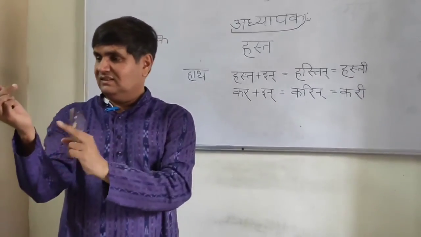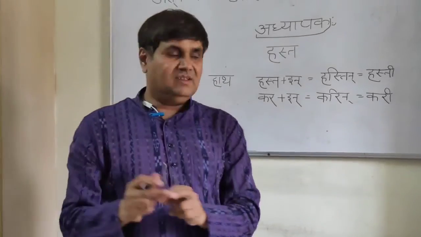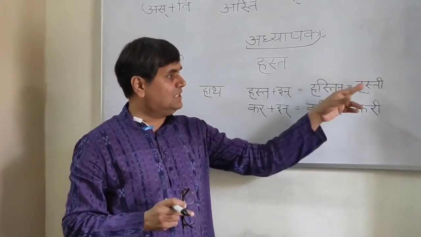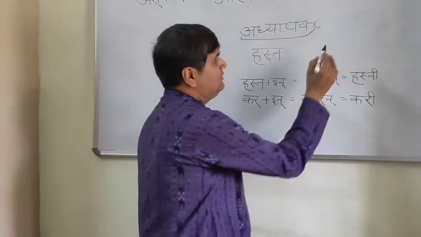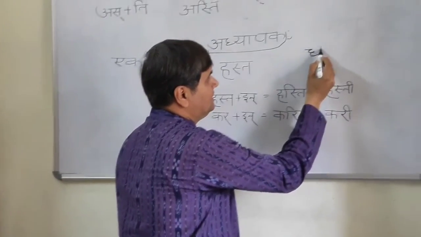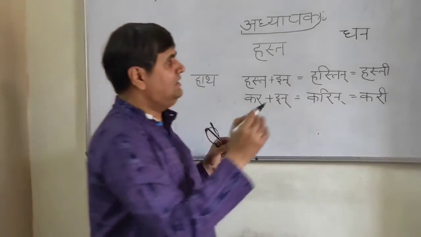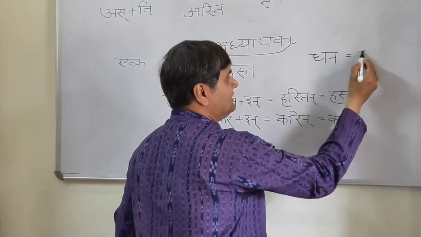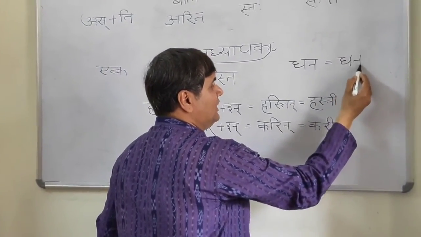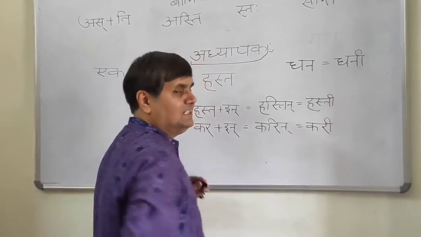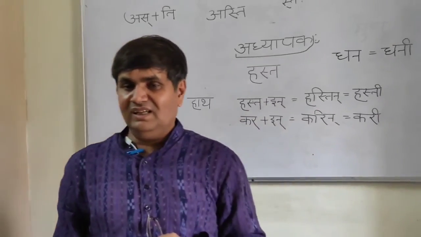Kara and hasta, they are similar, synonymous words. So hasti means, you might be knowing dhana. What is the meaning of the word dhana? Dhana means money. And who is dhani? One who has dhana. He is called dhani.